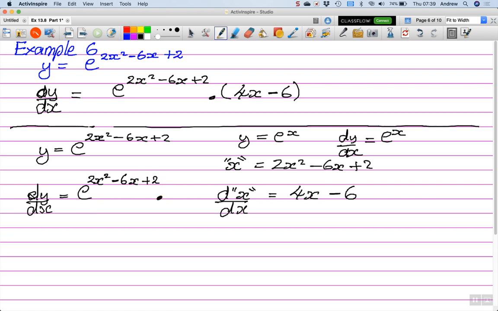And the multiplying factor is 4x minus 6. We would have a tendency to put the multiplying factor at the front. So you've got 4x minus 6 on e to the 2x squared minus 6x plus 2.